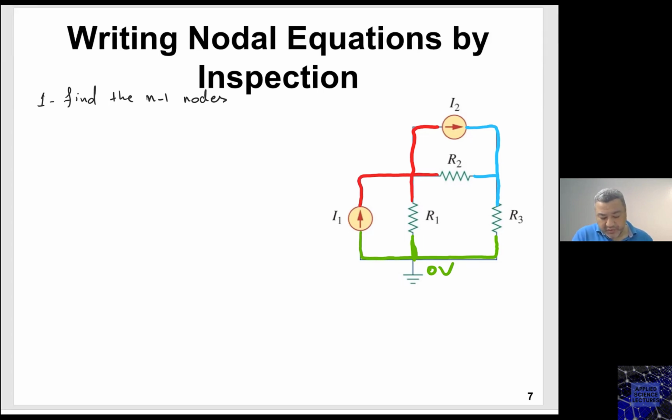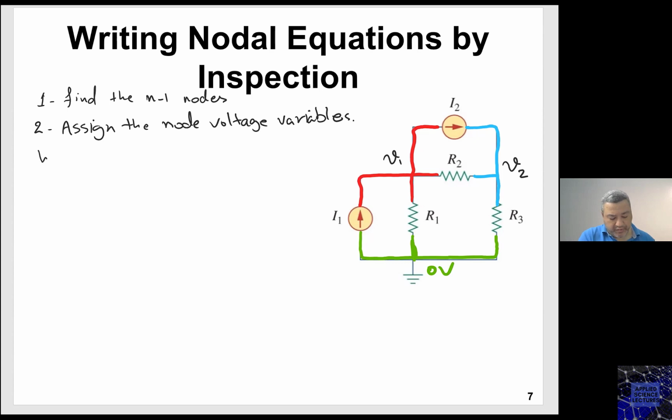So let me call this one again V1 and call this one V2. So number 2, assign the node voltage variables.